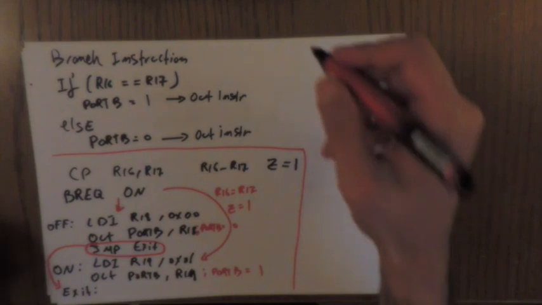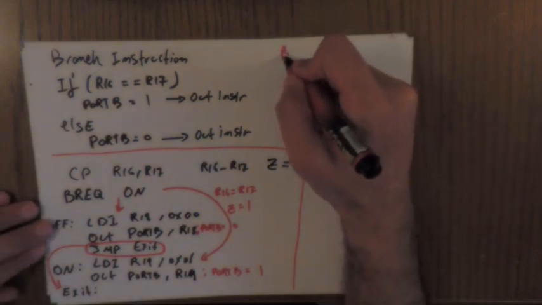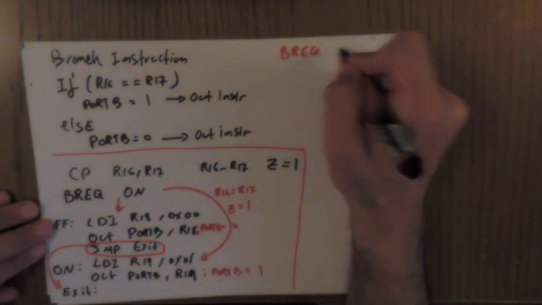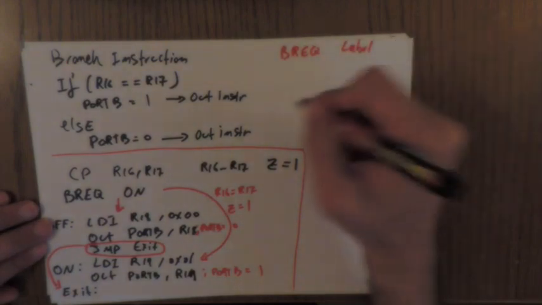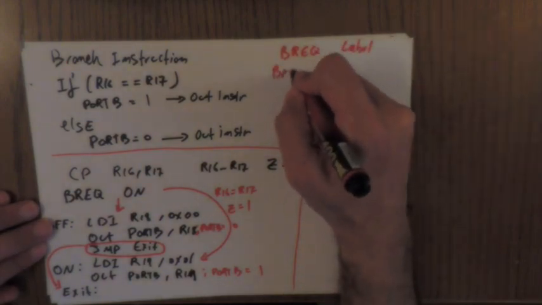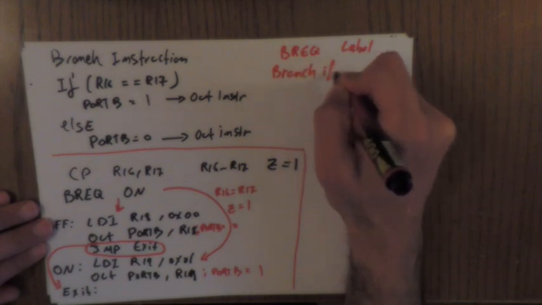So let me write this. BREQ, and it takes a label. Branch if equal.